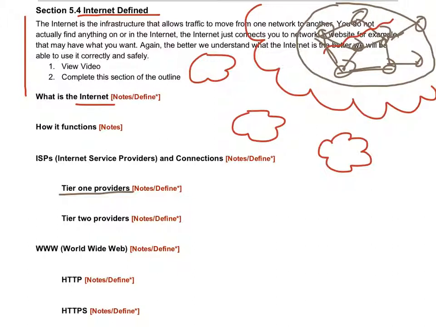They have tier 2 and 3 providers, routing devices, that allow these networks to connect in. So if you're on this network, let's say that's your house, you're connected in through your ISP, and the ISP is connected in somehow.